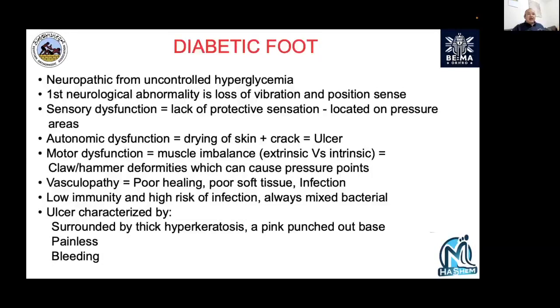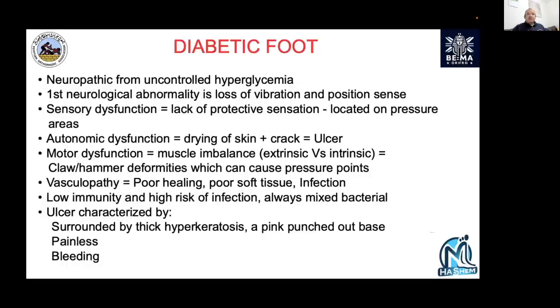So the first and main problem for us in a diabetic foot is the neuropathy, and the neuropathy is sensory neuropathy, autonomic neuropathy, and motor neuropathy. Sensory neuropathy ends in loss of protective sensation, starting with vibration and position, then loss of protective sensation to tactile sensation and pain, and this ends in pressure areas, insensate ulcers, and foot problems.